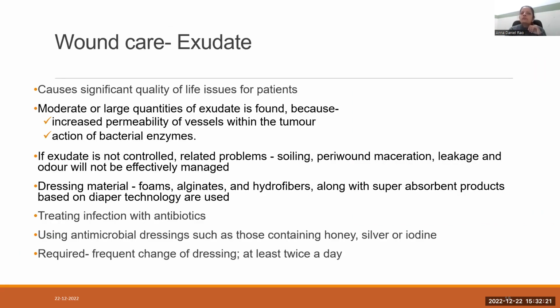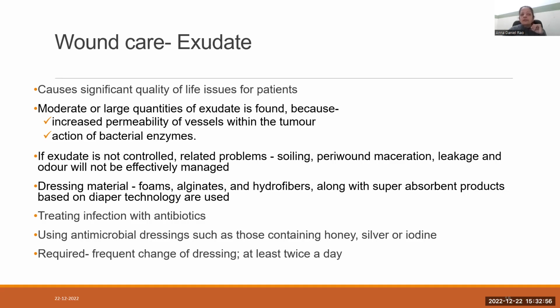How to control exudate? Because that will cause quite a lot of uncomfortable feelings in the life of a patient. Moderate or large quantities of exudate are found in this type of wound because the local vessels are eroded by the tumor, and bacterial enzymes are also produced, which adds to the difficulty.